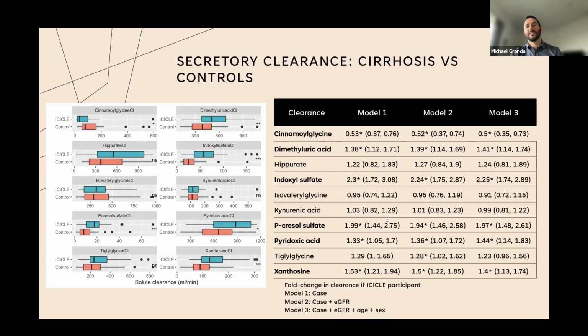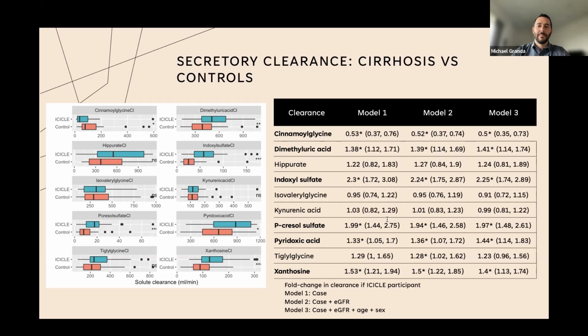The reasons for this are unclear. It doesn't seem very plausible that secretory clearance is actually increased in the liver failure patients. Generally, secretion and filtration change together, and in our model, even after adjusting for GFR, the association is basically unchanged or barely attenuated.